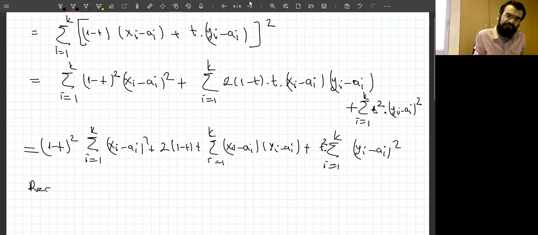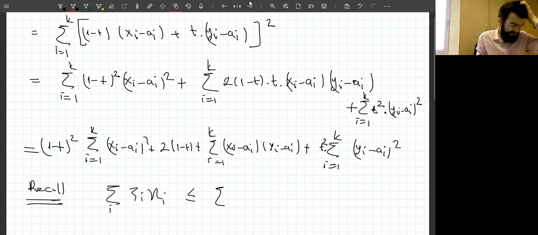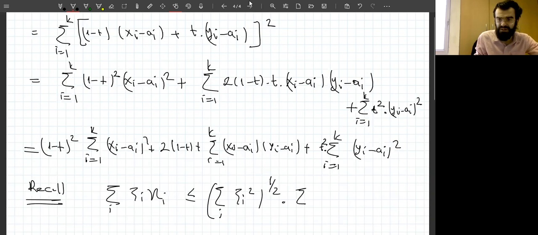Recall the Cauchy-Schwarz inequality. We have the summation of a_i b_i is less than or equal to the square root of the summation of a_i squared times the square root of the summation of b_i squared.